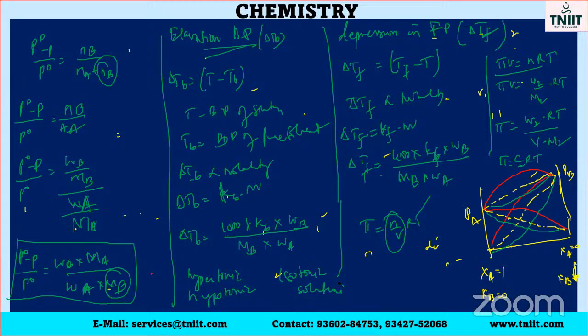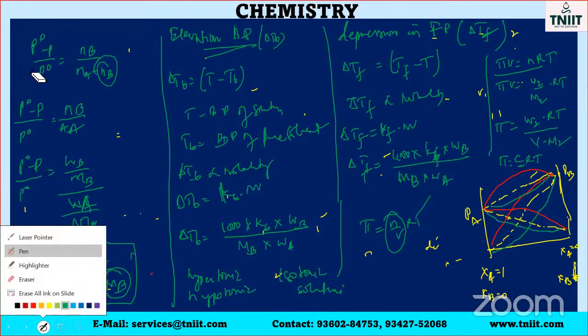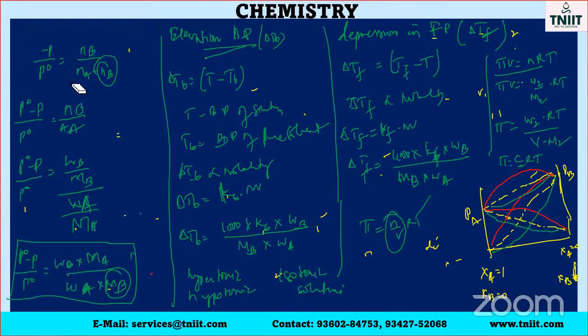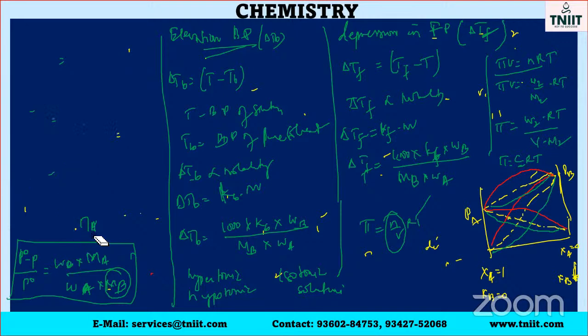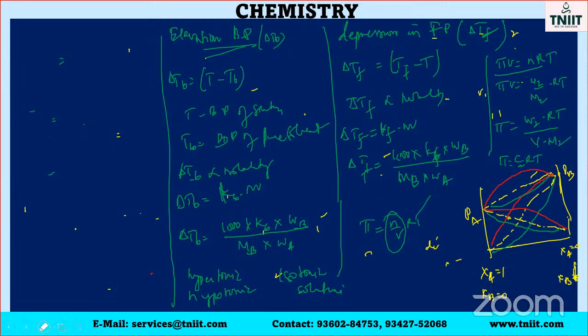And the last part of the chapter solutions, we have something called the Van't Hoff factor. I'll give you one or two formulas so that the chapter is complete. The Van't Hoff factor is represented by the letter i.